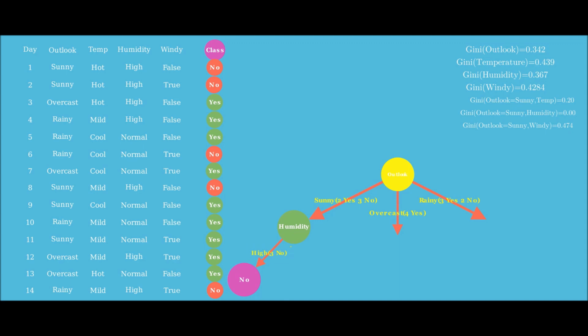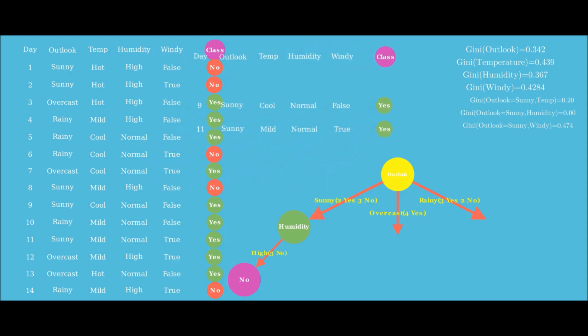And in the same way, for value sunny, feature outlook and feature humidity value normal, both are classes of yes.